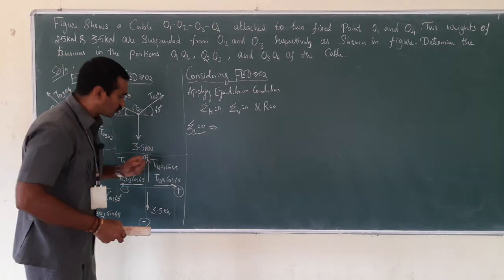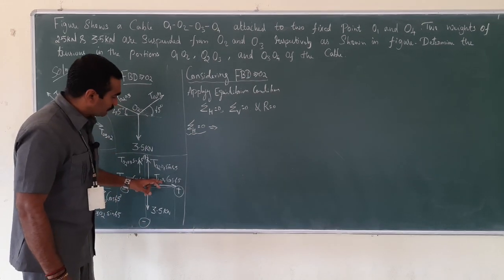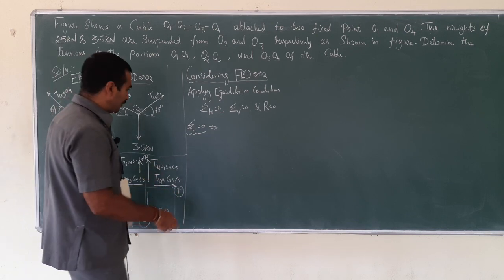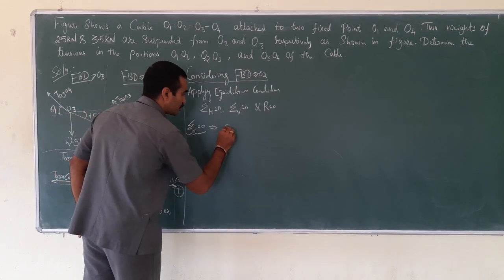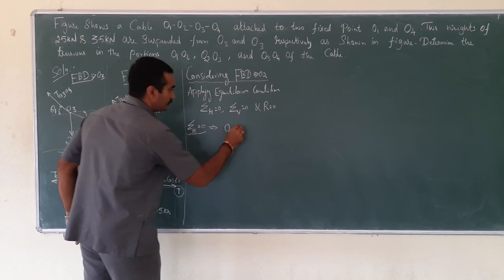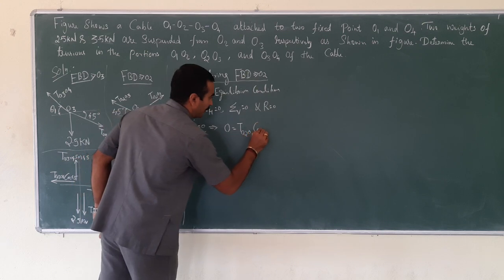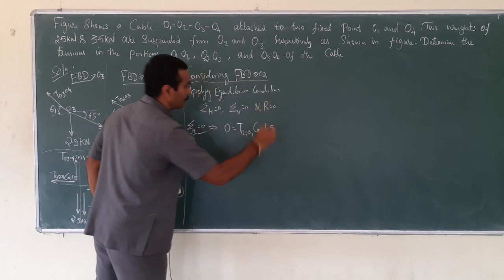Now look at the first quadrant, wherein a force is acting in the positive x axis, of magnitude 0 equal to T O2 O1 cos 45.